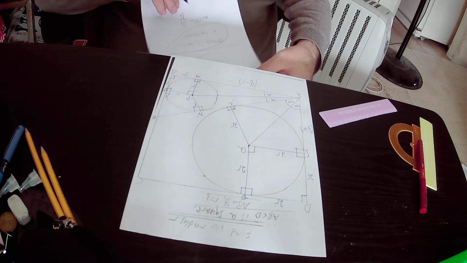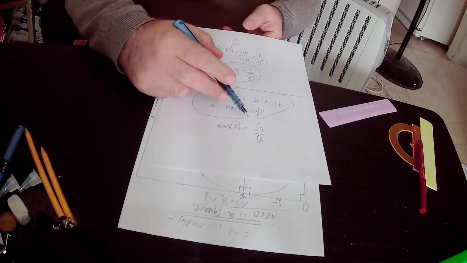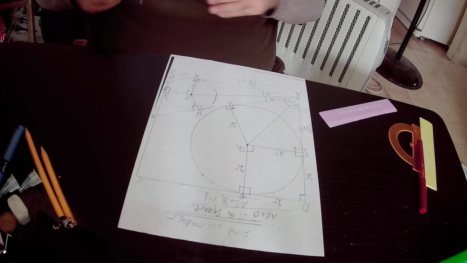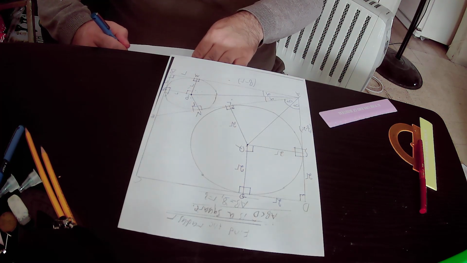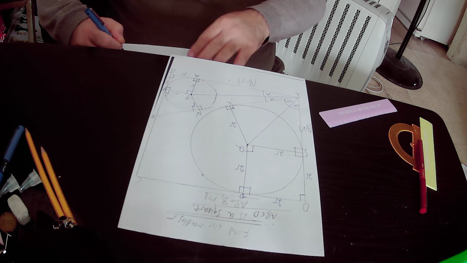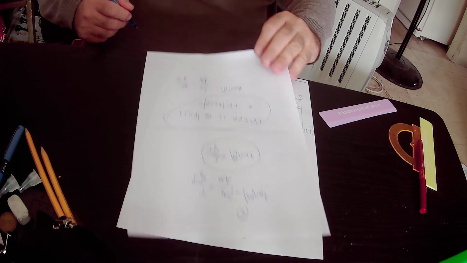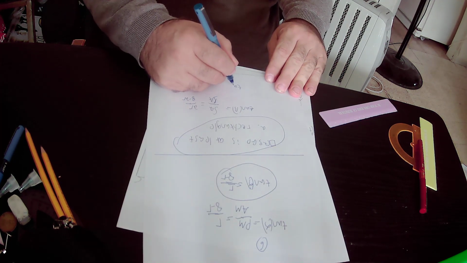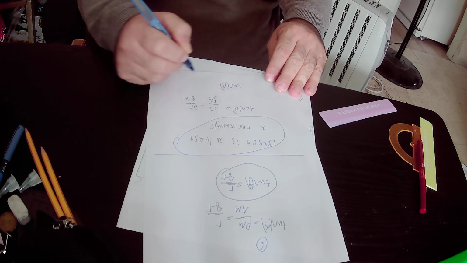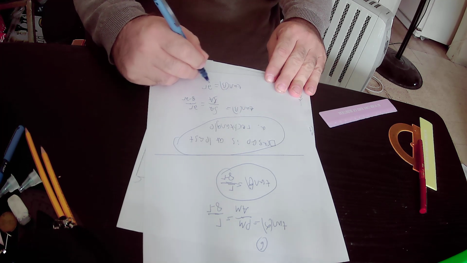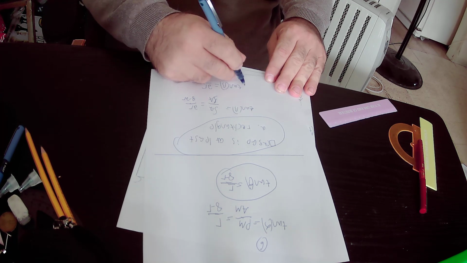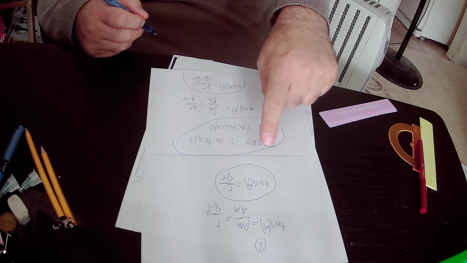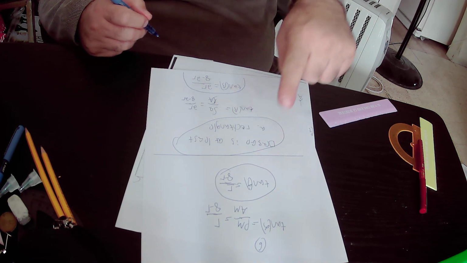So tangent beta equals SQ over SA. But we know that SQ equals 2R and SA equals 8 minus 2R. So in total, the value of tangent beta is 2R over 8 minus 2R. And we have already found that tangent alpha equals R over 8 minus R.